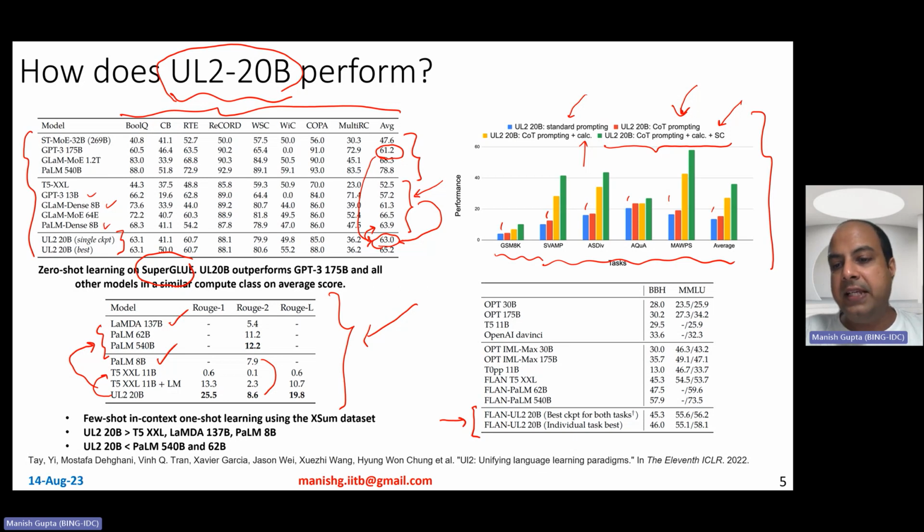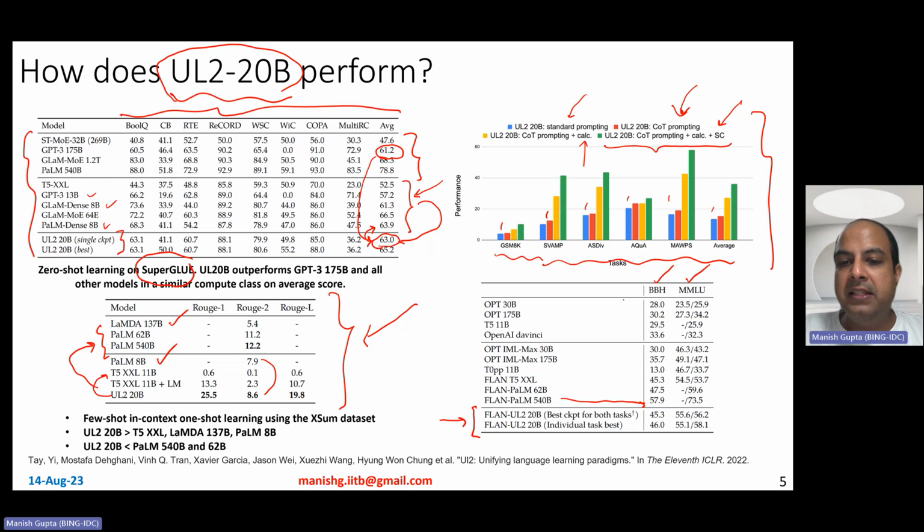And what they observed is that on two benchmark data sets, BBH and MMLU, big bench hard benchmark, and the several tasks in the MMLU benchmark, Flan UL2 20 billion parameter model is reasonably good compared to several other models. Of course, it's not the best. The Flan Palm models, especially 540 billion, is clearly way better.